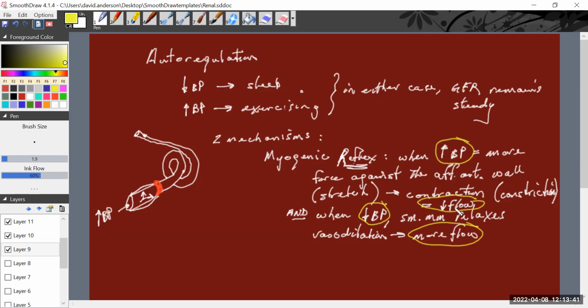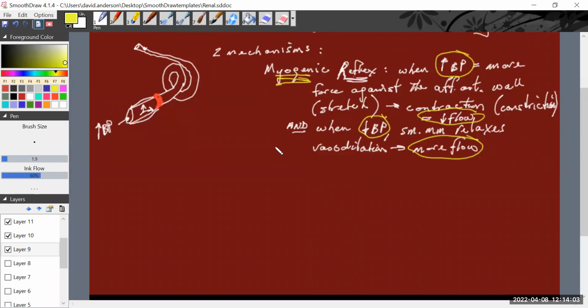So if our blood pressure goes up and we don't make any changes, then let's just say it goes to 15. That's a problem. So we're going to see this reflex contraction designed to decrease flow, keep it close to 10. Does that make sense? Yeah. Okay, so that's what we call our myogenic reflex.